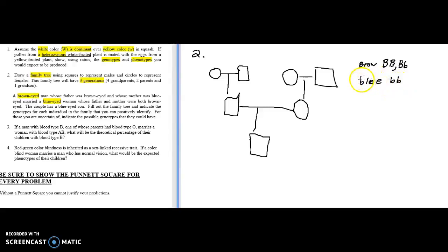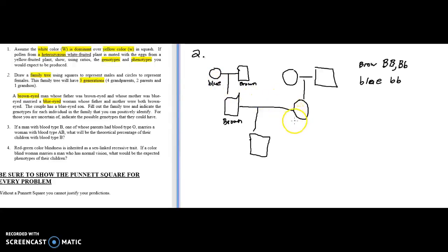So when we look at this problem, you got a brown-eyed man. So his phenotype, brown. He married a brown-eyed woman whose father was brown-eyed. So grandpa up here was brown, and whose mother was blue-eyed. So the grandmother on this side was blue-eyed.